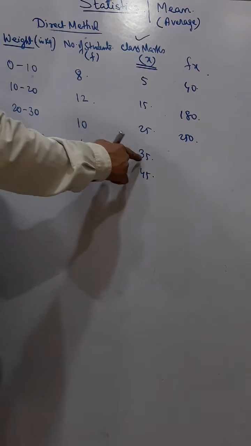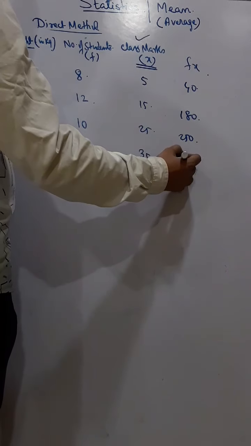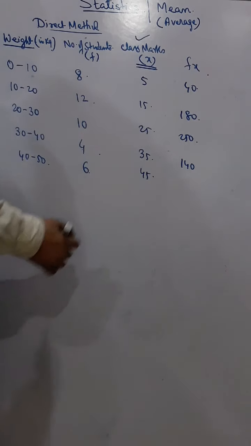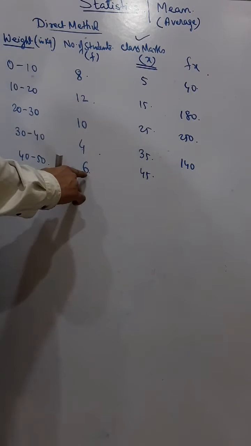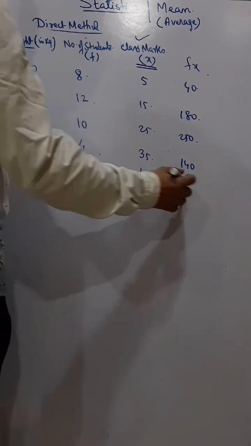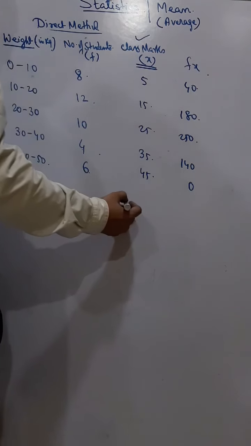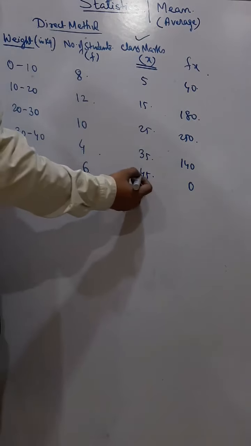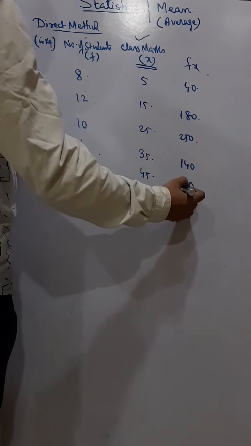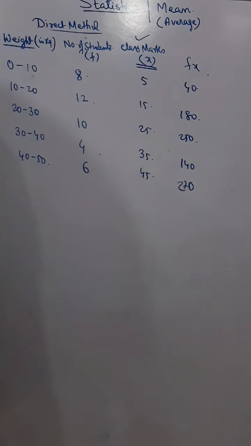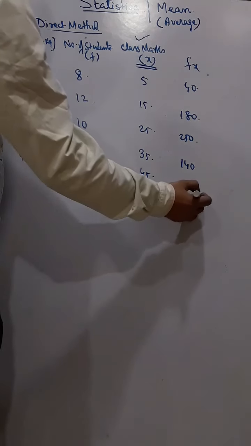And then 35 into 4, that is 140. And then 45 into 6, how much do you get? 6 5s are 30, carry 3. And 6 4s are 24 plus 3, 270. Understand?